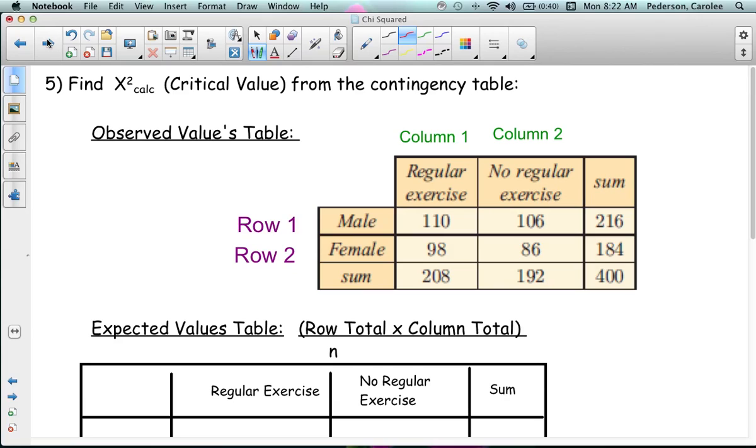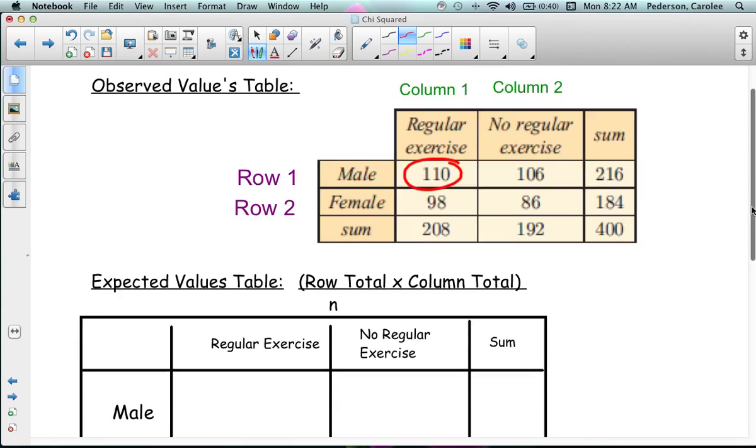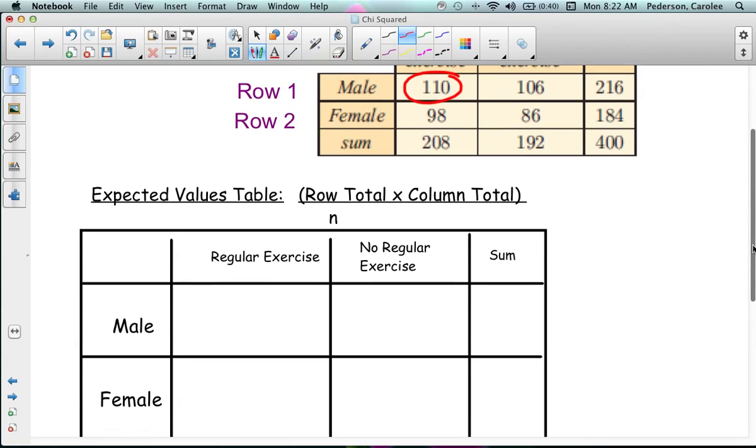Now we're going to go ahead and calculate the expected values. So we're going to work with these 4 numbers. We'll start with 110. This is the observed, we want the expected. We're going to take the row and the column total and multiply them.